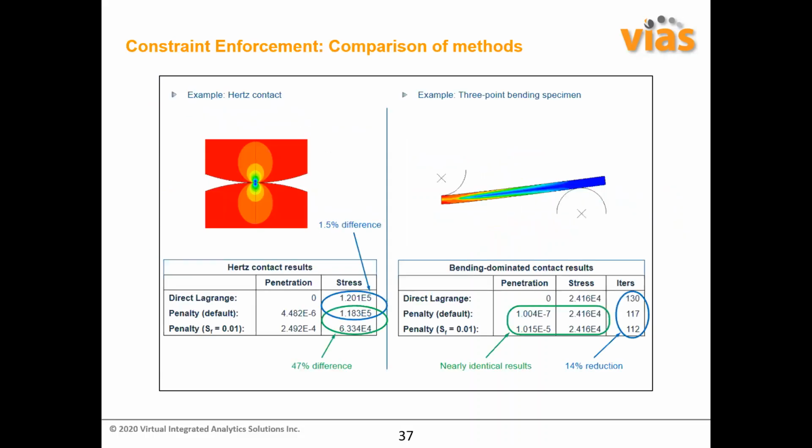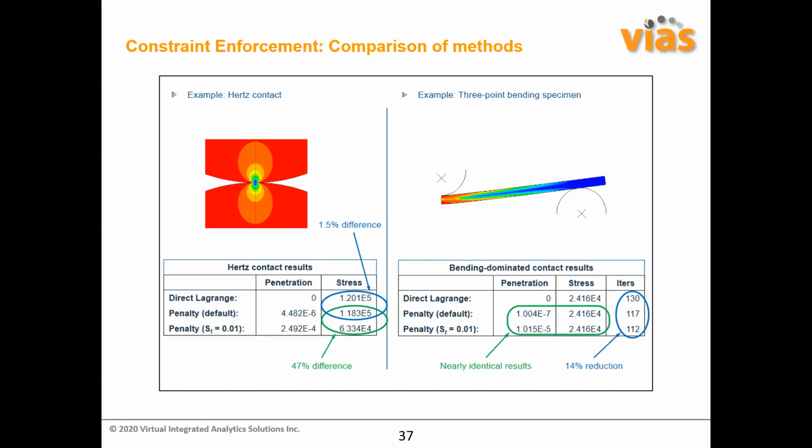Here, let's look at certain comparisons of the problem. Without going into any details, on the left side you are seeing an example of a classical Hertz contact problem. If you use the direct Lagrange, which is the most accurate method, there is no penetration, and you see a stress of 1.21 e to the power 5.